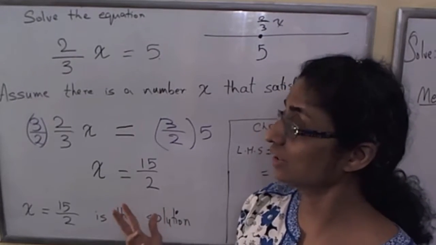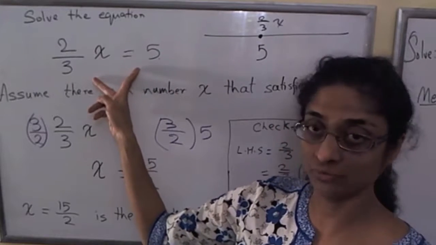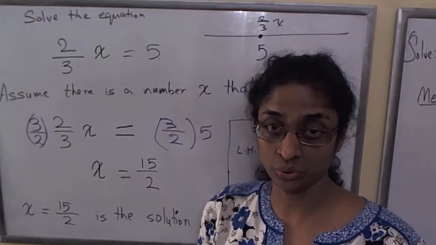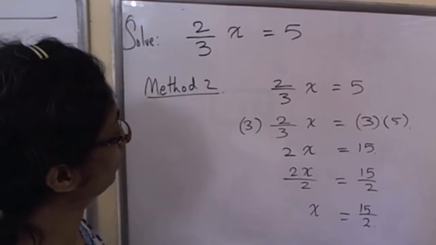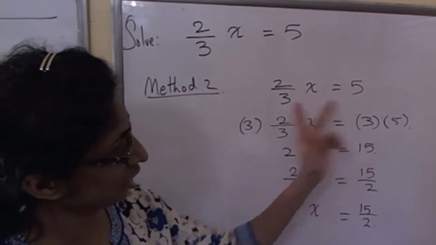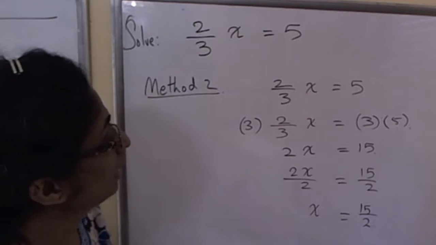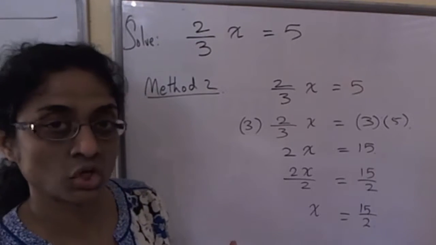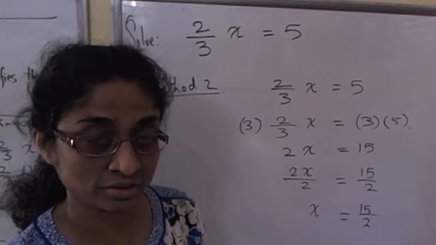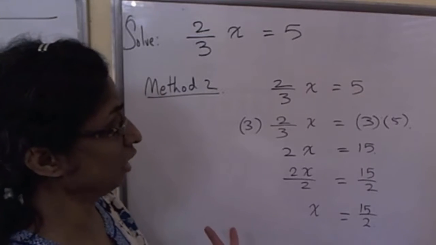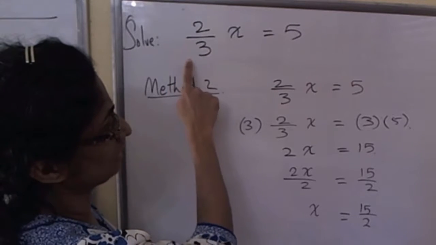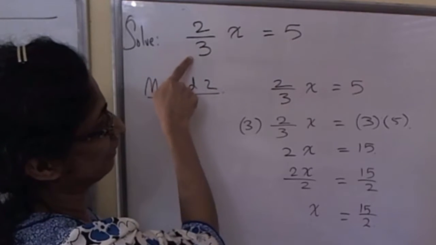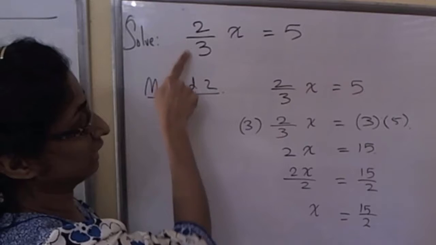There's also a second way we could have handled this equation, and I'll show it to you on the other board. So here's method 2. I write the equation I've been given, and it is a method called clearing the fraction, or clearing the denominator. I noticed that this would have been an easier equation if I didn't have a fraction like this.